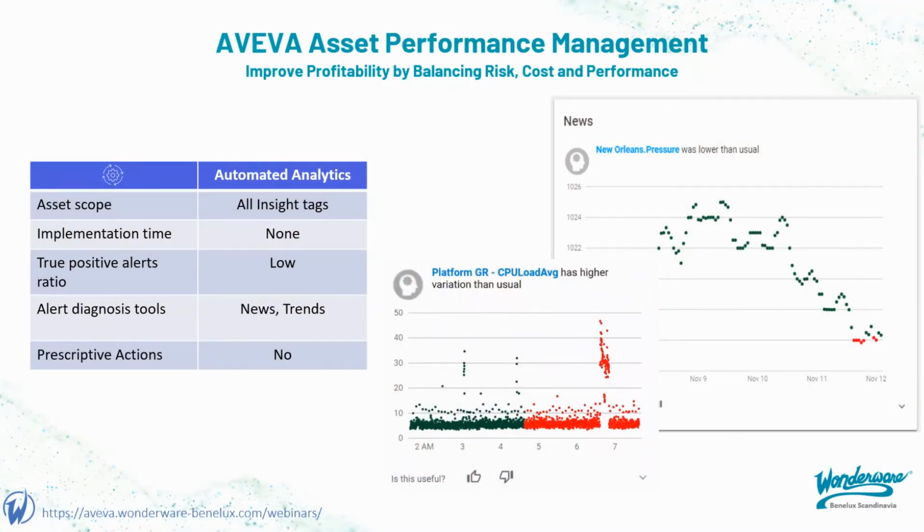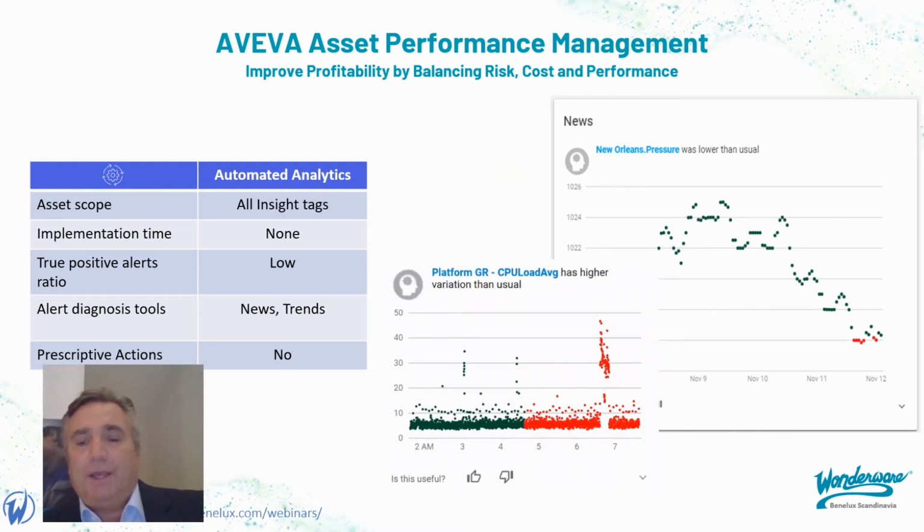As you remember, the first step to get into this is the automated analytics. It's all ready to go out of the box. You just set up your Aveva Insight account, you add the services you want to go with, and the automated analytics is self-explaining.